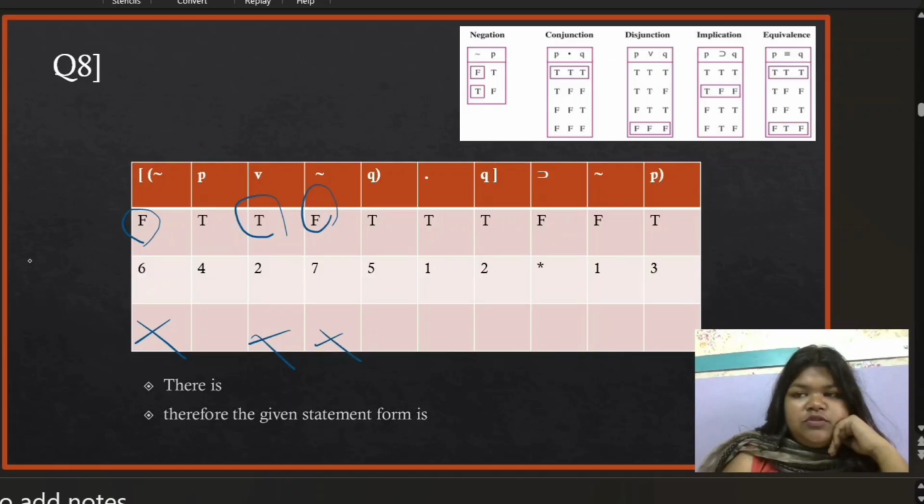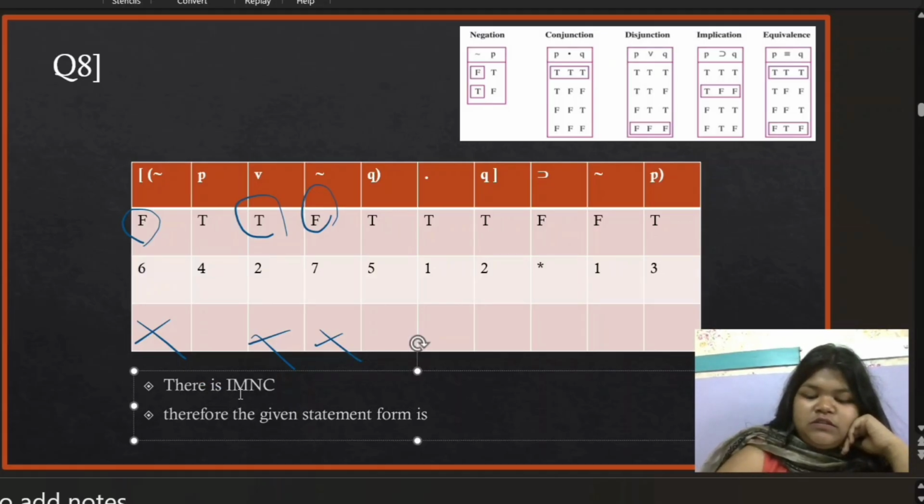So the solution is there is inconsistency at step 6, 2, 7. Statement form is a tautology.